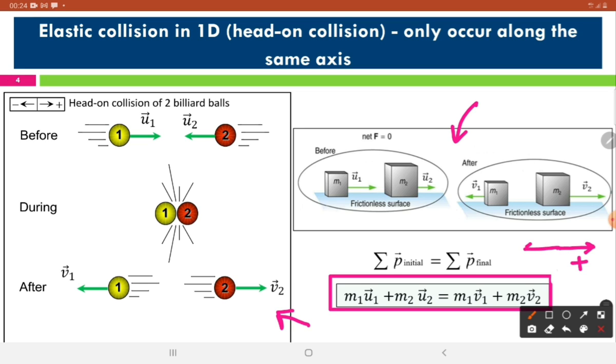For leftward motion, u and v is negative. If before and after collision, both objects travel along the y-axis, we can assume that for upward motion, u and v is positive, and downward motion, u and v is a negative value.